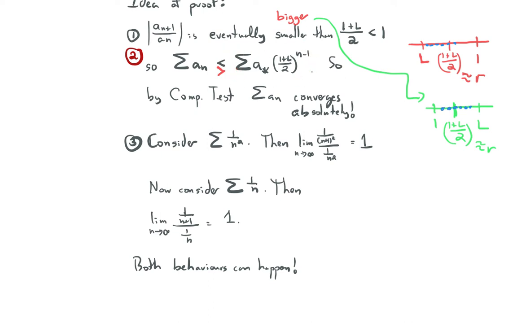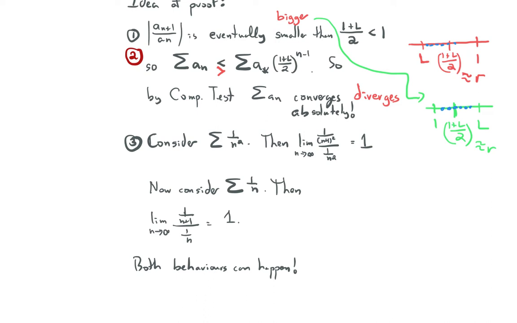And by the comparison test, rather than converging, it diverges, since that geometric series is divergent. Since this ratio is bigger than 1, this is going to be bigger, so it diverges.